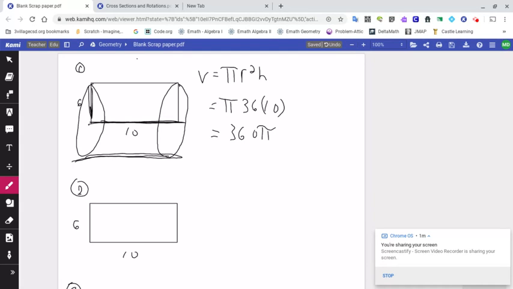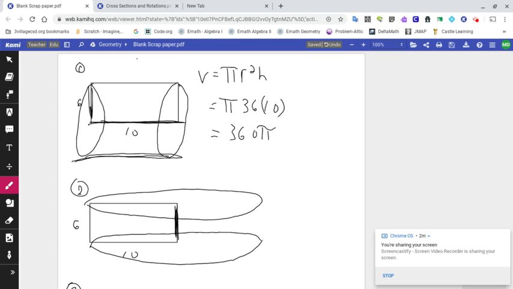So that's out. Second choice says if I rotate it around a short side, that means I'm going to rotate it around this side right here. If I rotate this rectangle around that side, I'm going to get a cylinder that looks like this. Now the radius is going to be 10 and the height is going to be 6.